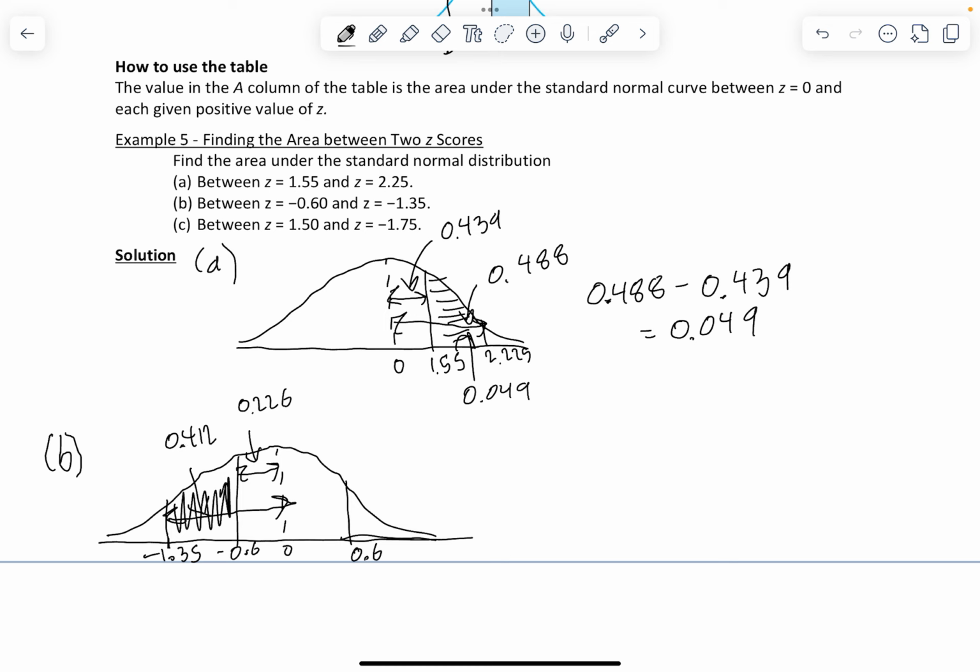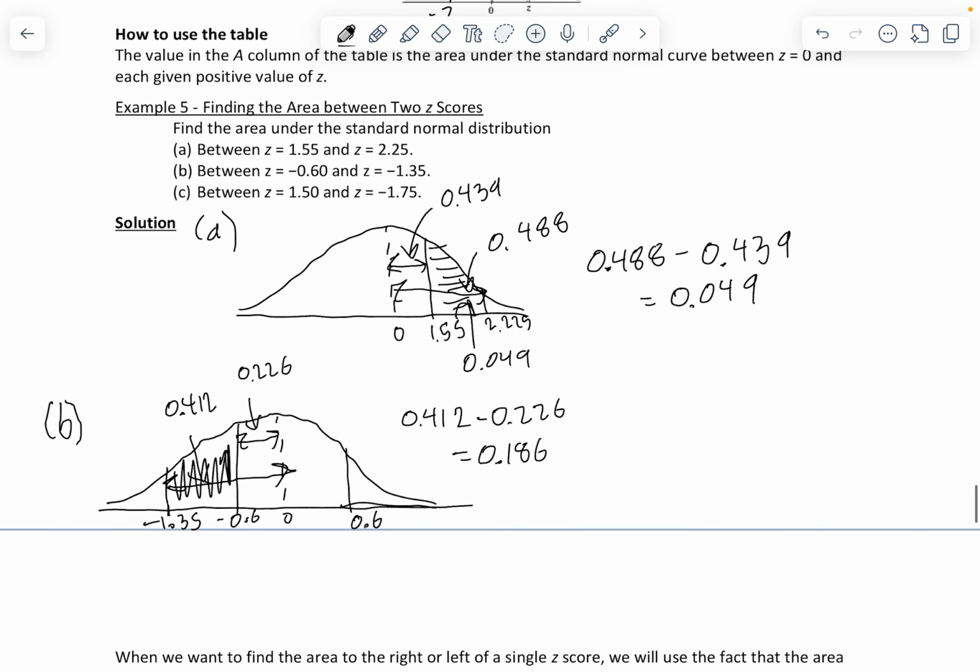So the area I want, the shaded area, can be found by taking 0.412 and subtracting the smaller area, 0.226. And that gives me 0.186. Okay? So 0.186 is the area between the z-scores of negative 1.35 and negative 0.6.